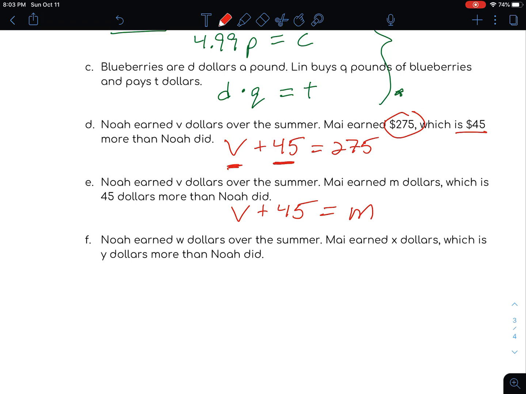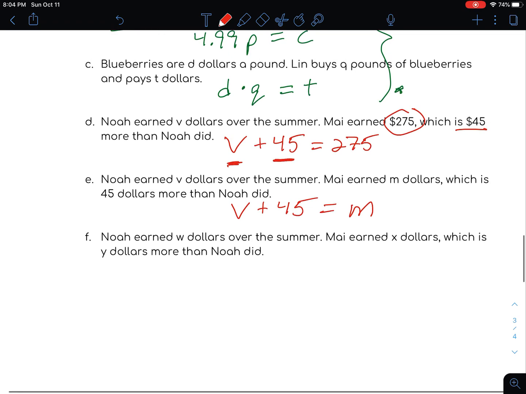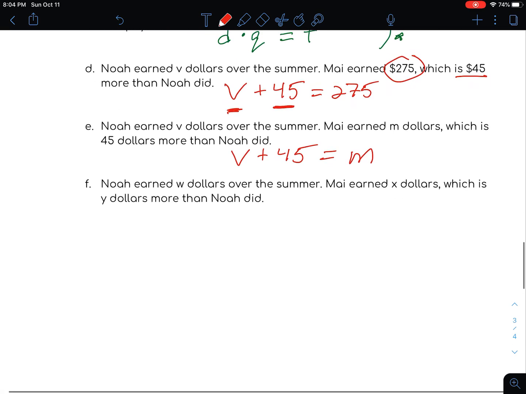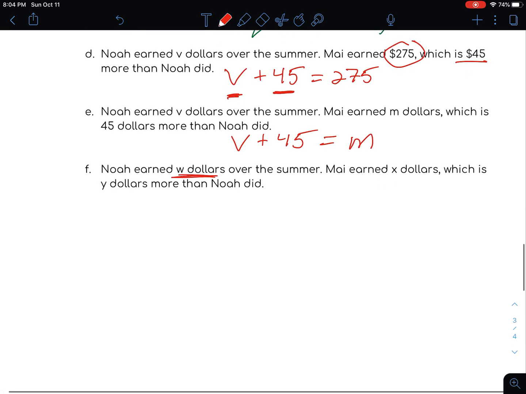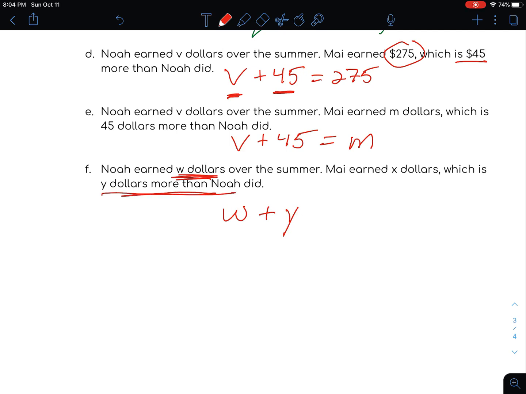Okay, Noah earned W dollars over the summer. Mai earned X dollars, which is Y dollars more than Noah. So this is similar to parts A, B, and C, where each part we're just adding one more variable into the mix. So in this case, actually we changed the variable for Noah, didn't we? In this case it's W dollars, so W plus Y, because Mai earned Y dollars more than Noah did, and that is a total of X dollars.